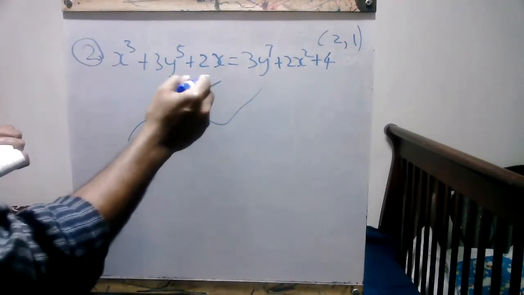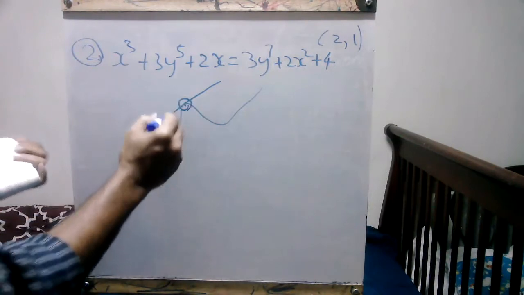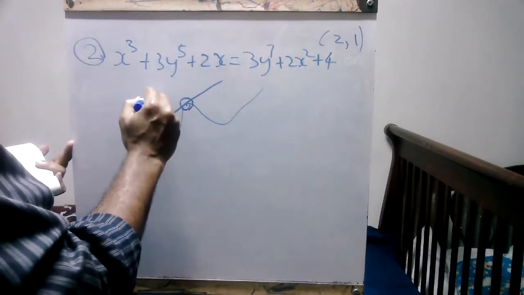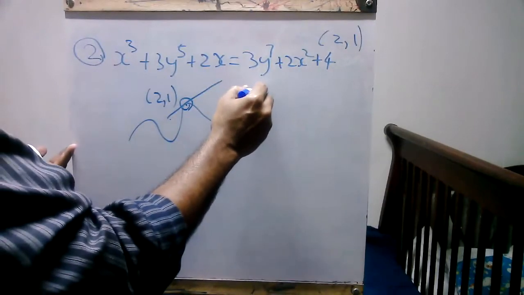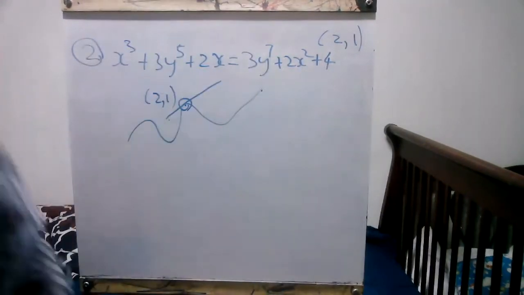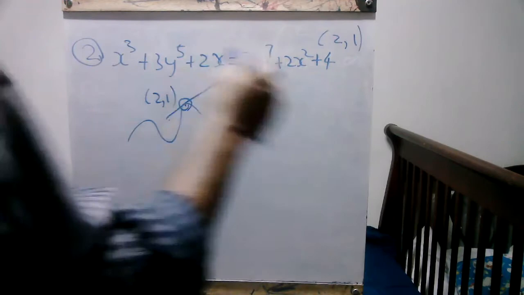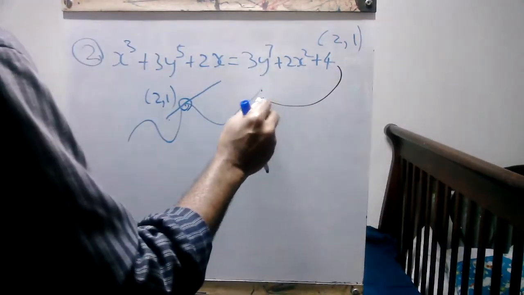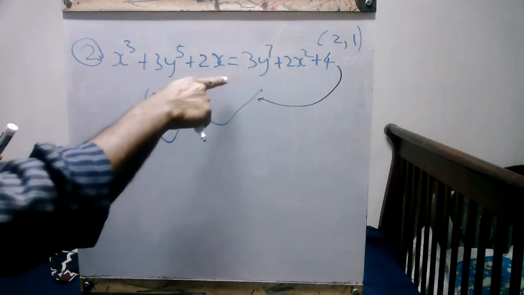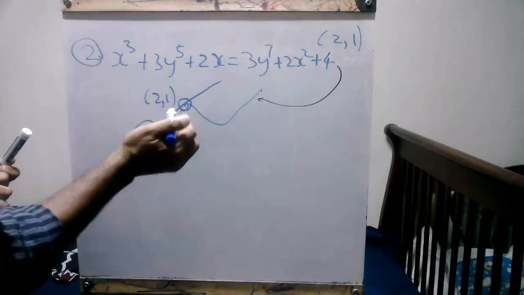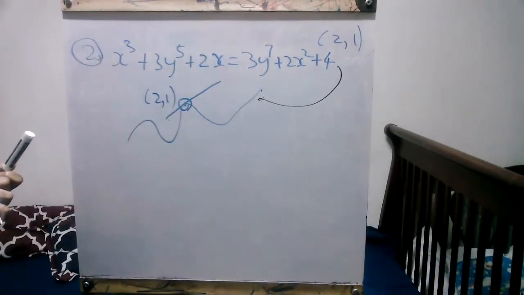This is the tangent line to the curve at this point (2, 1). This is the equation of this line. Use a different color. We want to find the equation of this line at (2, 1), right?